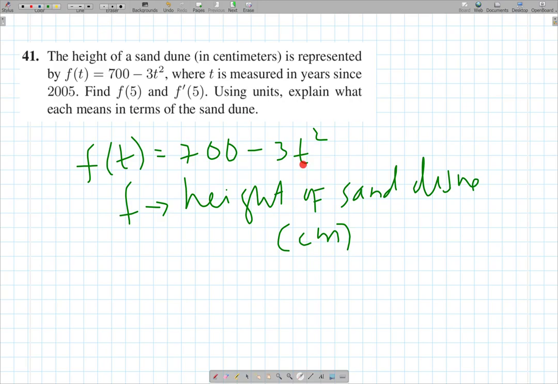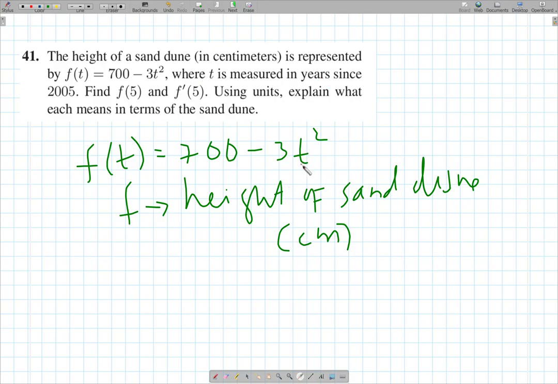We already know what is f. Given the equation f of t equals 700 minus 3t square, ang ibig sabihin ng f is the height of the sand dune, measured in centimeters, and t is measured in years. Time yan, measured in years.